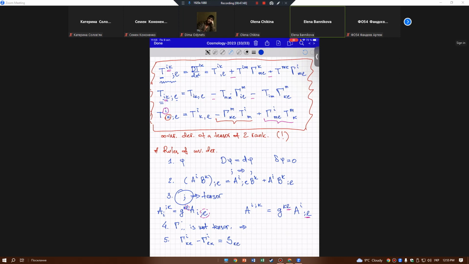Without proof to check, but if you would like, you can check it. This tensor, which has corresponding indexes, is called the torsion tensor. Torsion tensor of the space.